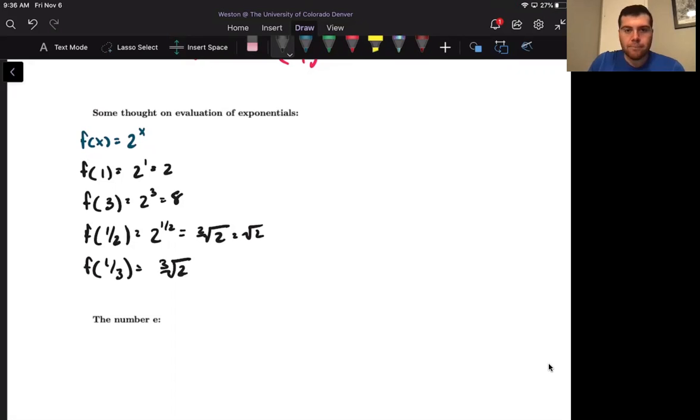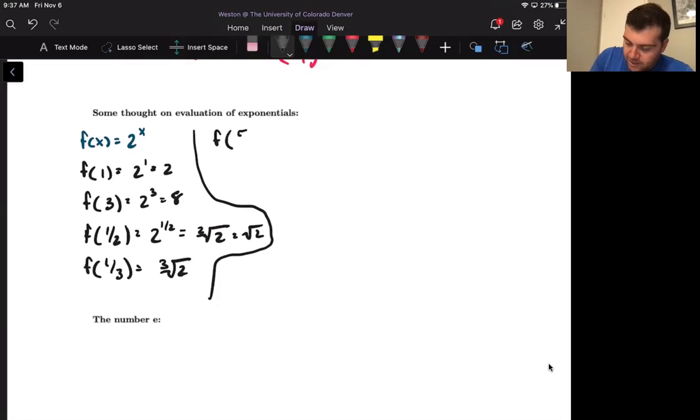Now there are some numbers that can be trickier to evaluate. The first type is fairly straightforward. It's when we have a fraction. So if we have f of, say, 5/6, that's going to be 2 to the 5/6. And what this means is that we're going to take the 6th root of 2 to the 5th.